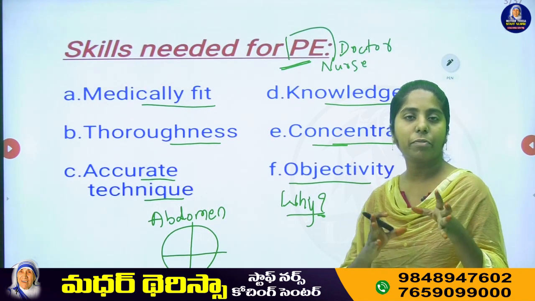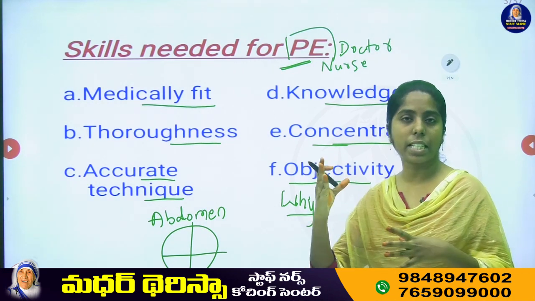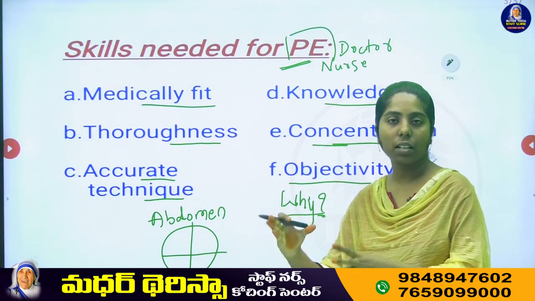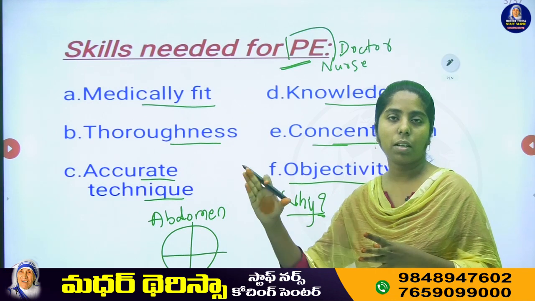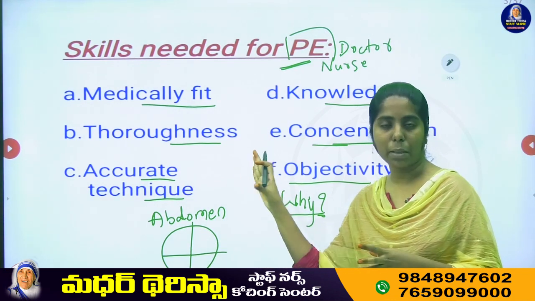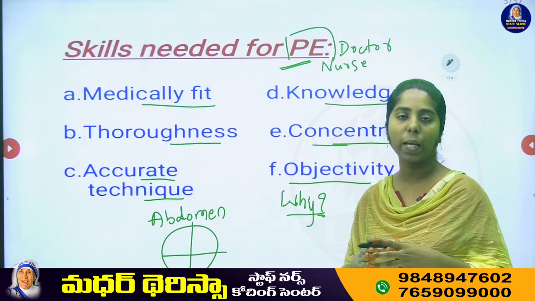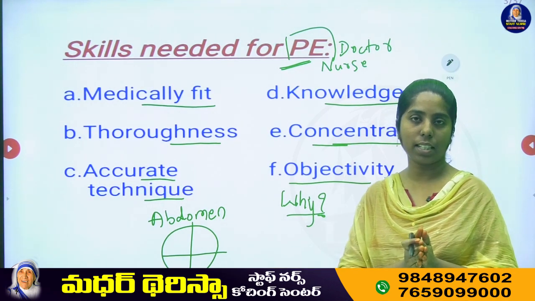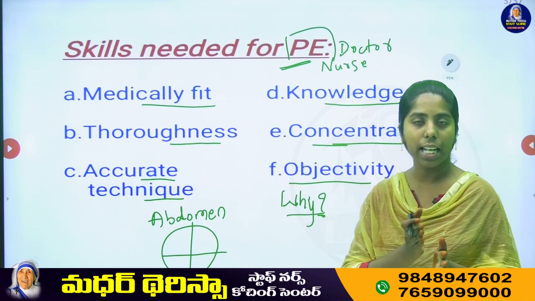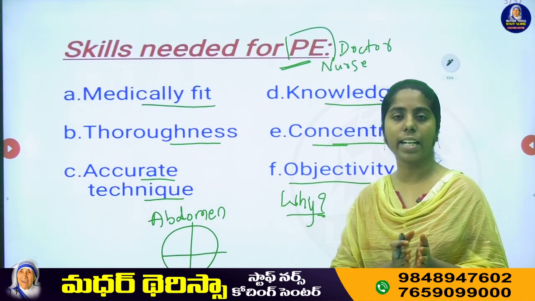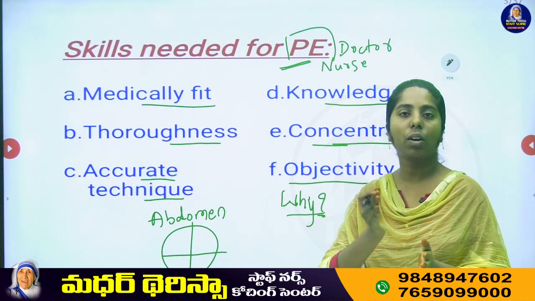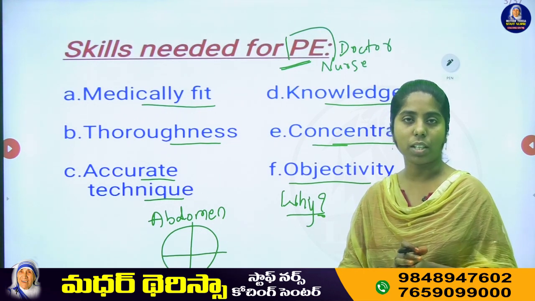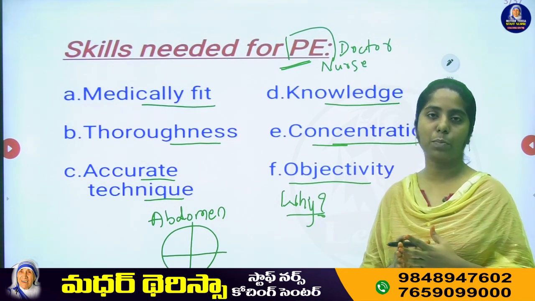Objectivity means with a certain purpose, a certain goal or a specific objective, you perform a certain work, here the physical examination. That means, to evaluate the client's condition and to treat the client in an accurate manner, you are performing a physical examination. That is objectivity.